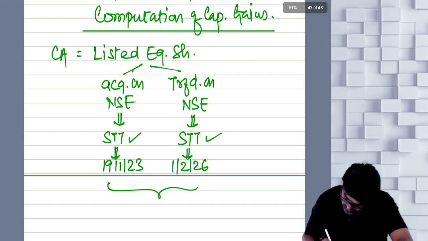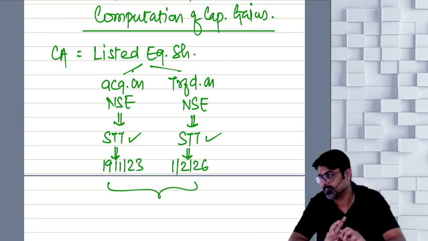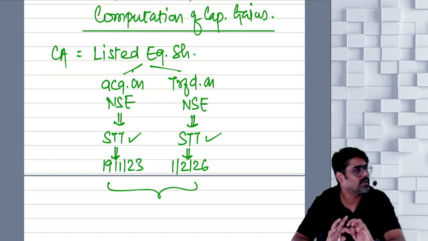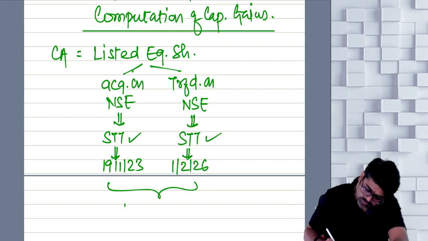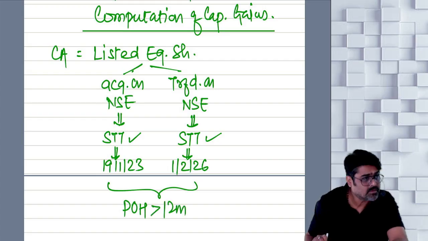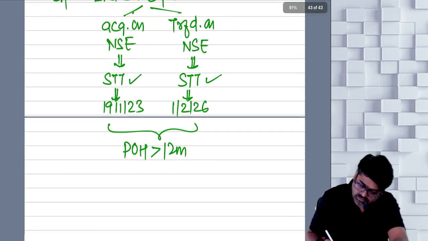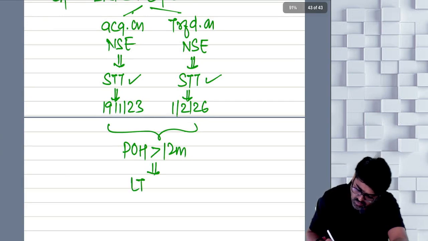Now can you see the shares are listed? For listed shares, this is your period of holding, date of purchase to date of sale. Can I say this period of holding is more than 12 months? Therefore, the shares are long-term capital asset. Yes or no?